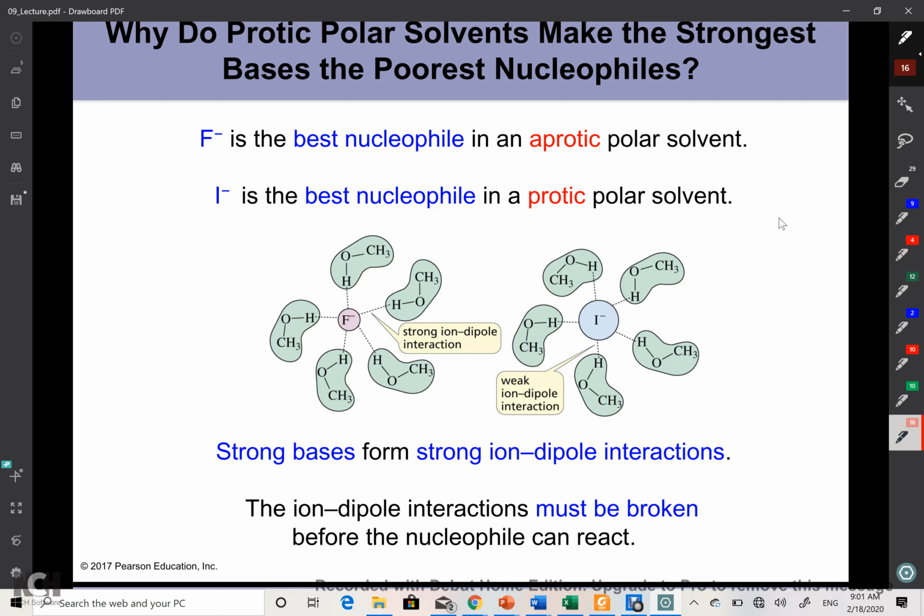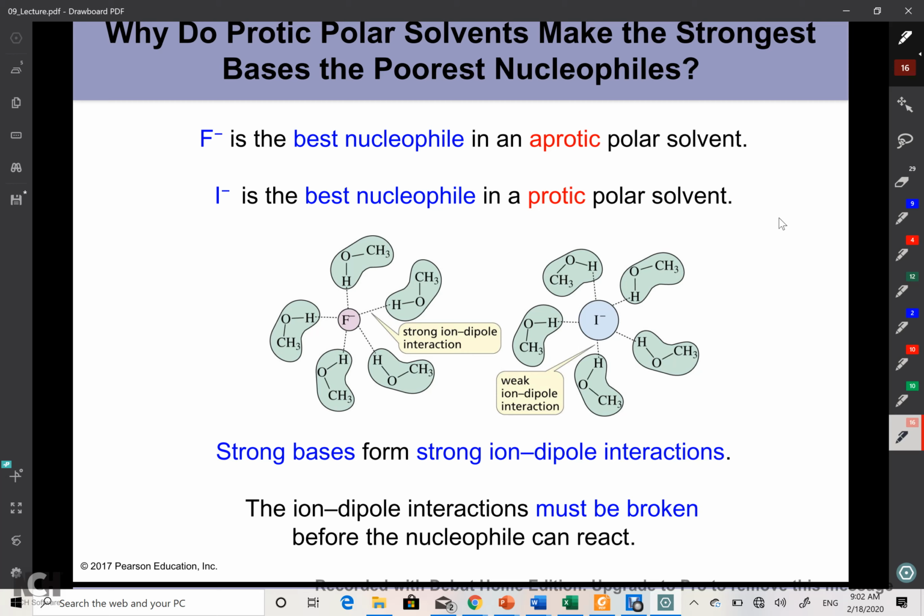Compare now to the I minus. In the I minus, this interaction is not that strong, so they don't surround the I minus very well. And so the I minus has that room, that flexibility to get into a reaction. That's why I minus becomes a good nucleophile when you are using a polar protic solvent. That's how solvent can affect your reaction.